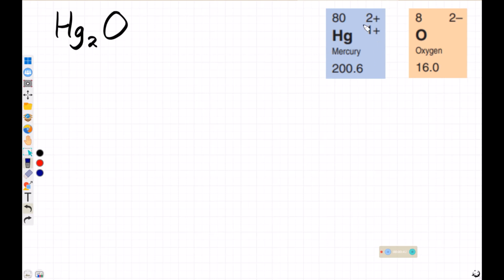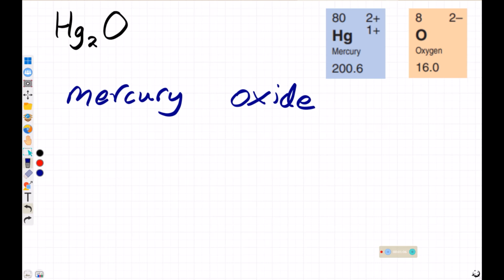So with the entries on the side right here, we know that Hg is mercury and O is oxygen, and we know that oxygen becomes oxide. The reason that this question is different from the other ones we've done, though, is because mercury is a multivalent metal. It has more than one ionic charge.